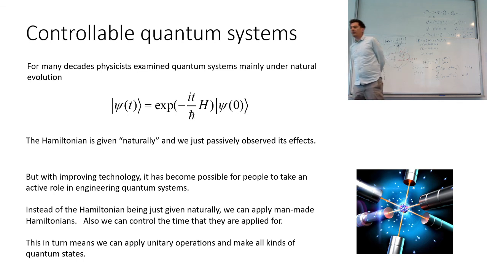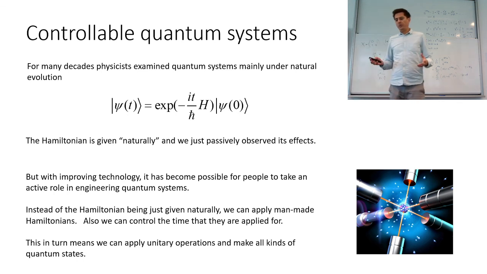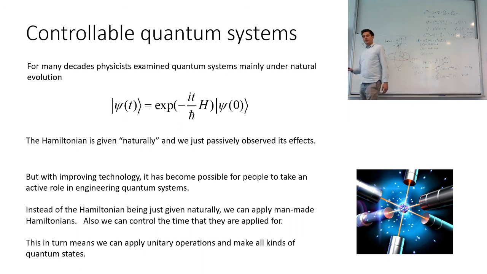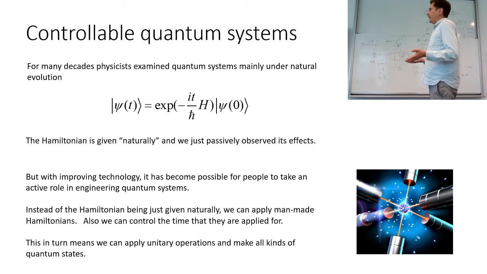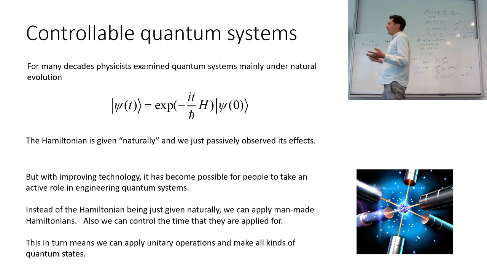Since the early days of quantum mechanics, when people were looking at the Schrodinger equation, obviously Mr. Schrodinger discovered it, and what he had in mind is more or less that the Hamiltonian is just something that is given to us by nature, right?